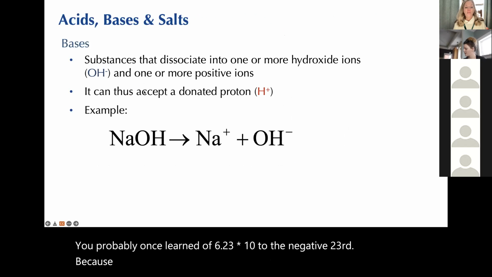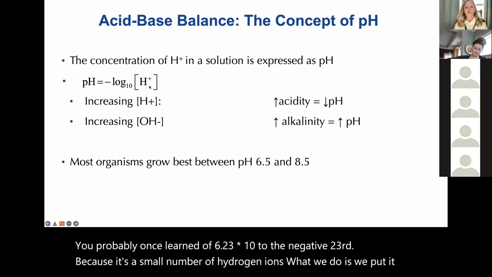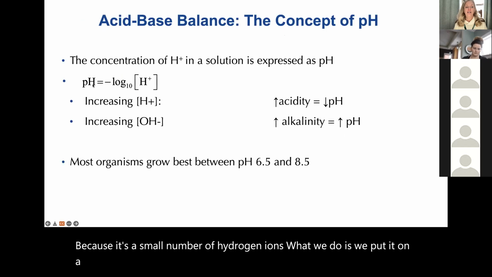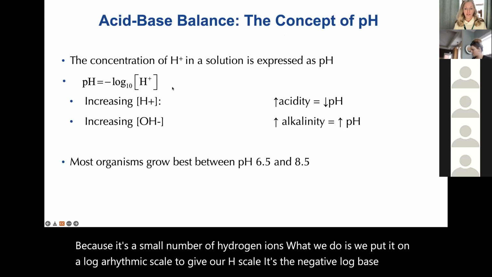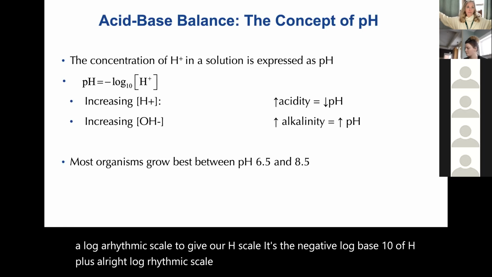Because it's a small number of hydrogen ions, we put it on a logarithmic scale to give our pH scale. It's the negative log base 10 of H+. A logarithmic scale makes all those really big or small numbers scaled to the power of 10.